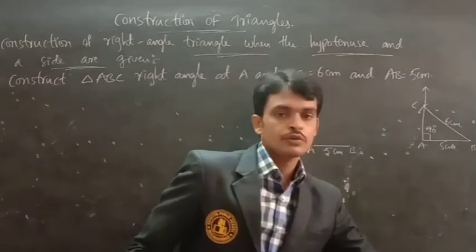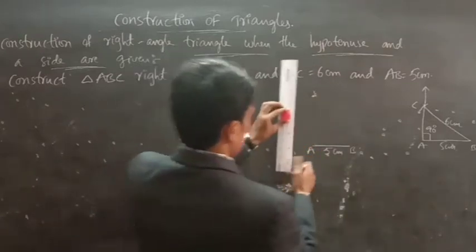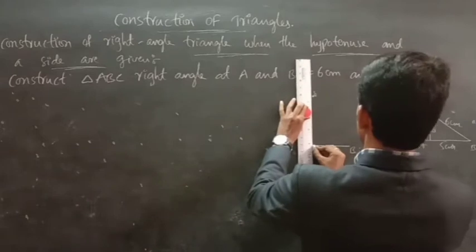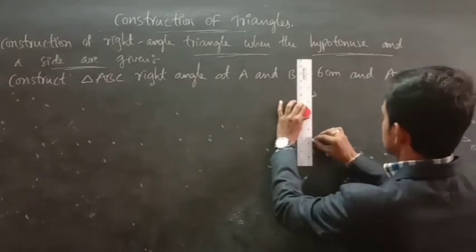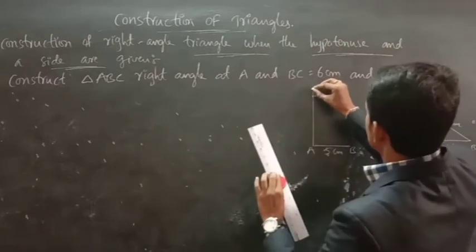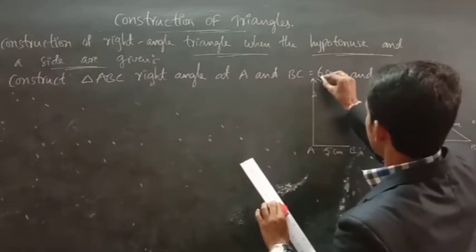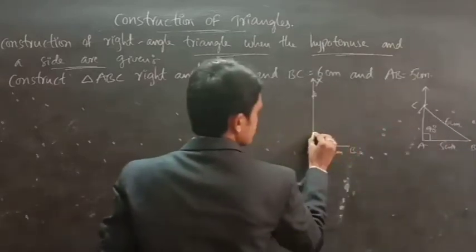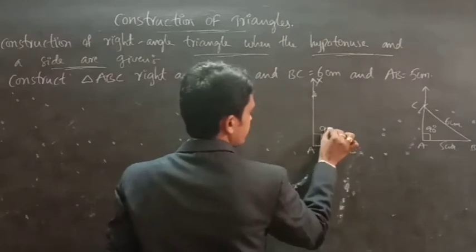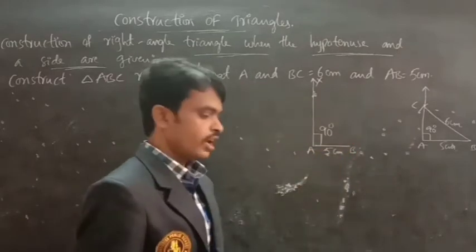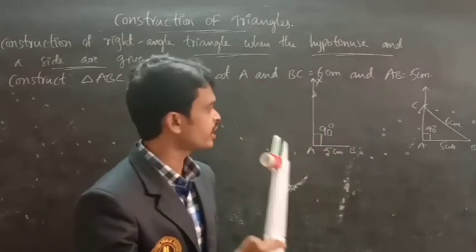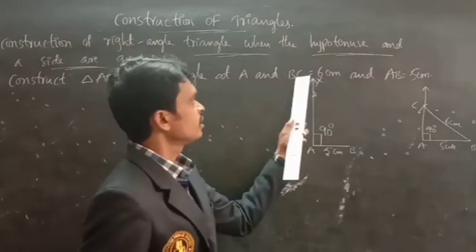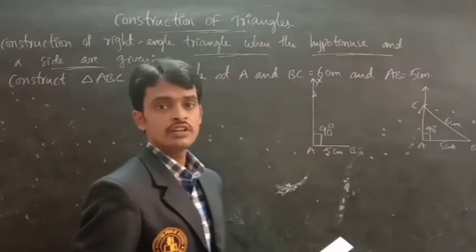After that we should draw a ray by using a ruler. We should draw a ray like this, and name it AX. Here it is 90 degrees. After that, by using a compass, we should take BC 6 centimeters.